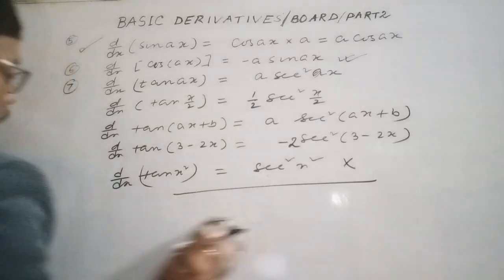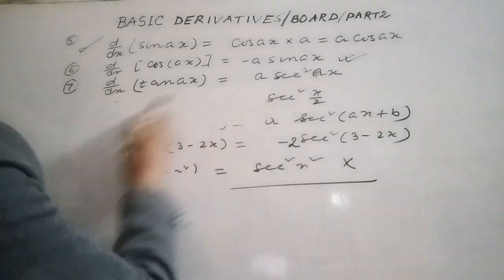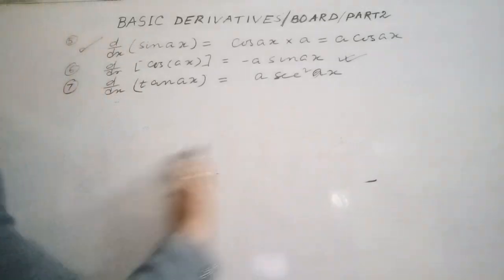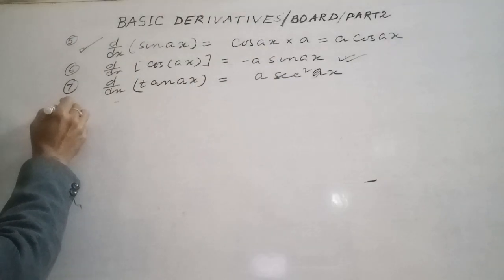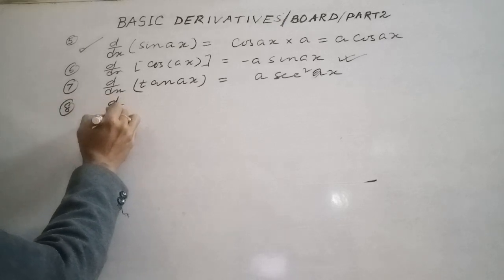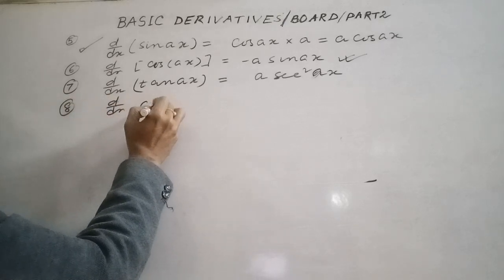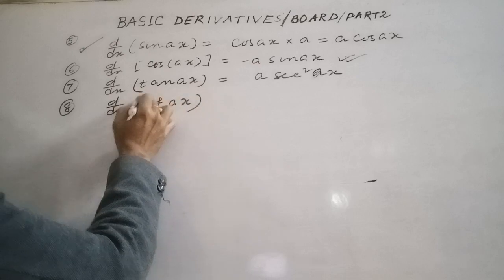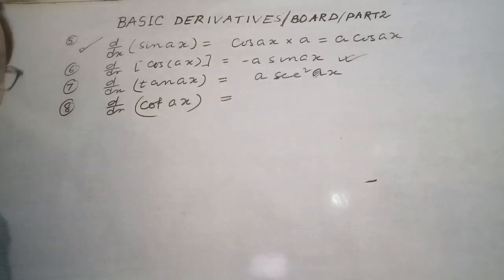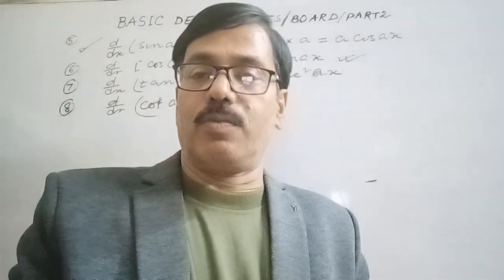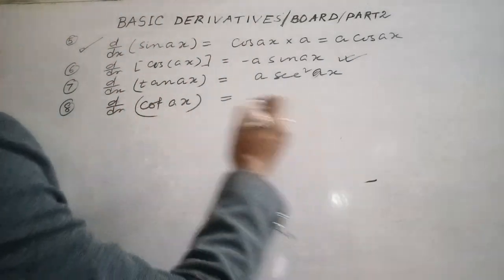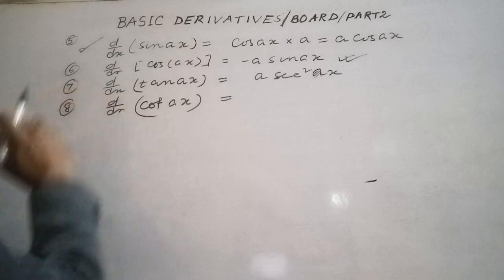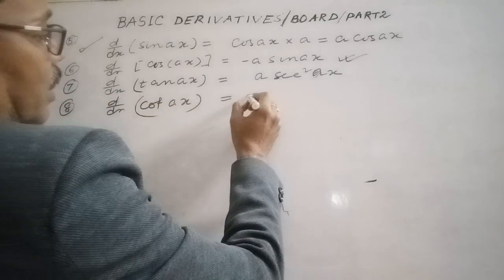Now, 8. d/dx of cot ax. You have to remember these 10 standard formulae. So if it is starting with c, then the derivative is negative.